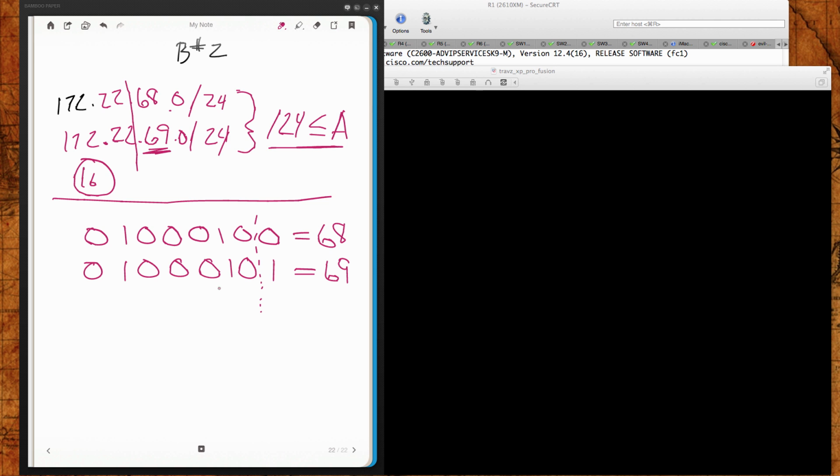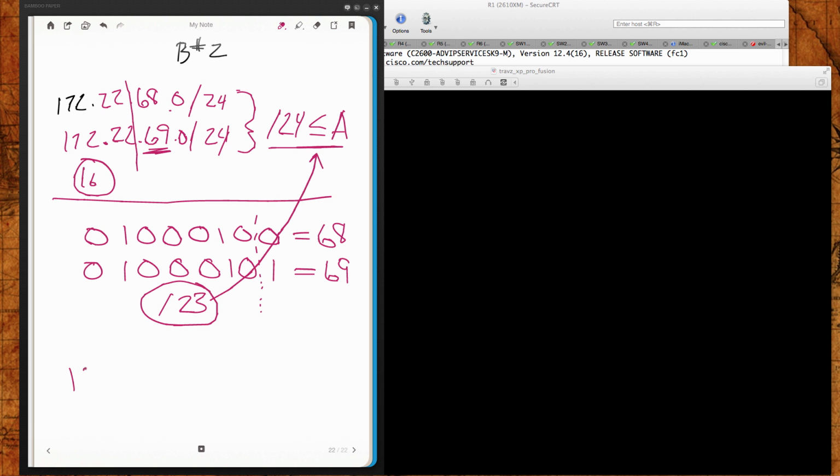So if the first 16 bits are the same, we've got 17, 18, 19, 20, 21, 22, 23. So we know our answer is going to be a /23. That also meets the requirement that it will be less than or equal to a /24. And the value would be 64 and 4.